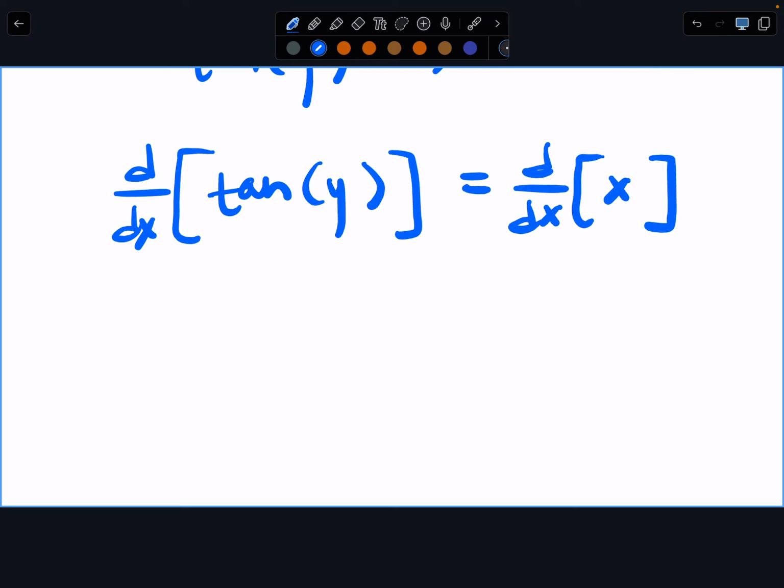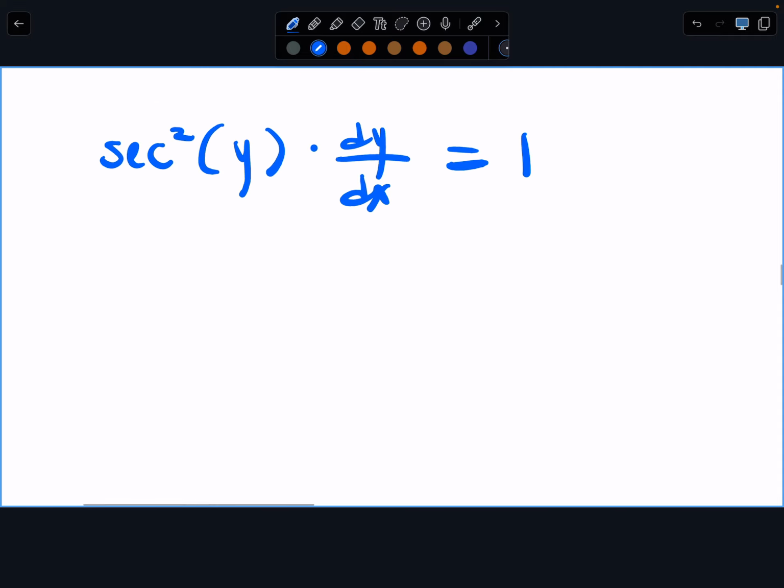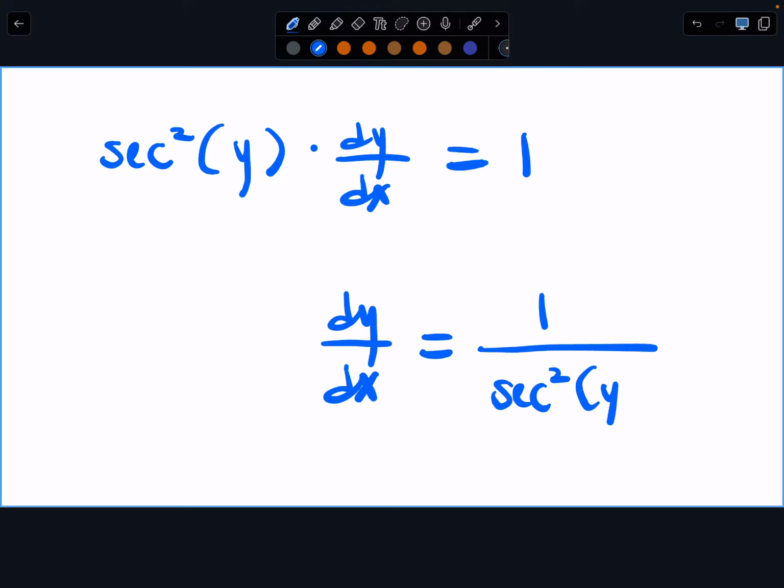Okay, so thinking chain rule, the derivative of tangent will be secant squared of y times dy over dx equals 1. So dy over dx is 1 over secant squared of y.